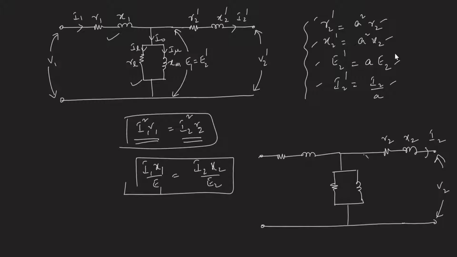Now this voltage here will be E2 equals E1 prime. Now E1 is referred to the secondary side. Similarly, all these parameters will be referred to the secondary side. This is R1 prime, X1 prime, this is RC prime, this is XM prime, and this is I0 prime, IL prime, IMU prime, and this is I1 prime, and this voltage now will be V1 prime.